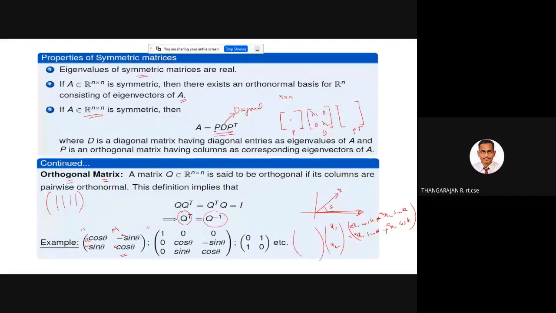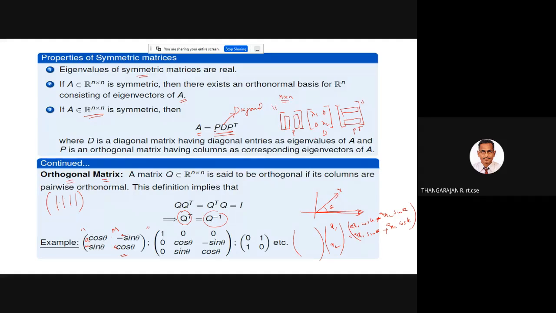Here you have two vectors, and these two vectors will be here. So any symmetric matrix A can be factorized like this. This is called diagonalization of a matrix. This is applicable only when the matrix is symmetric, meaning n cross n.